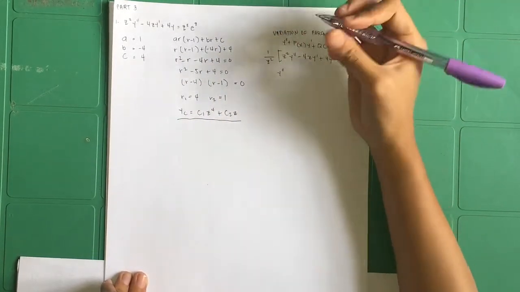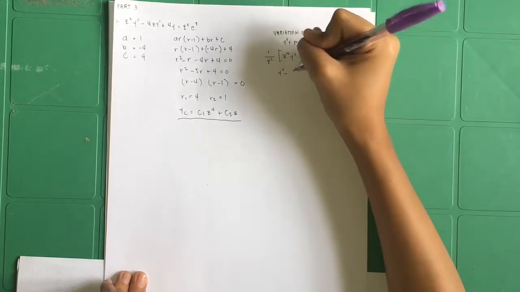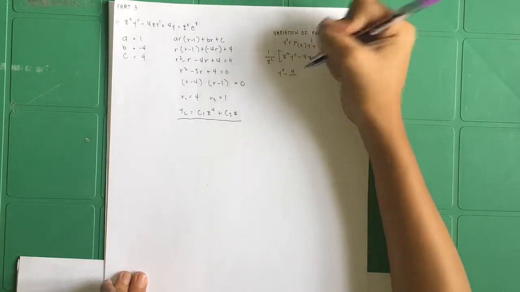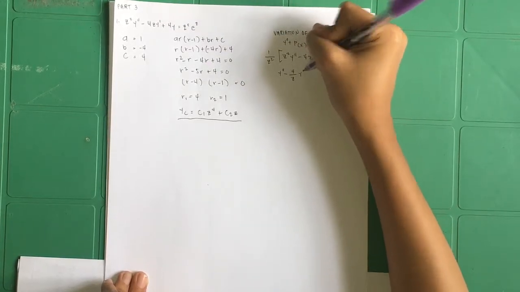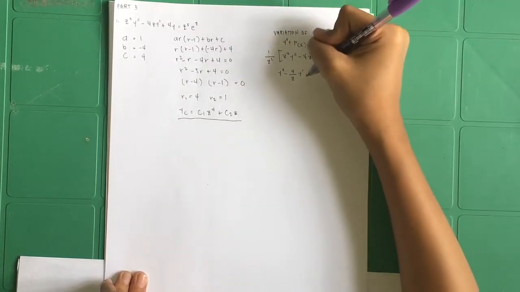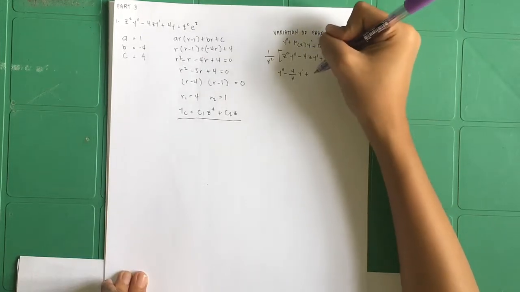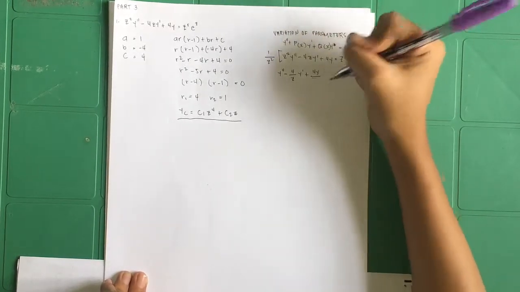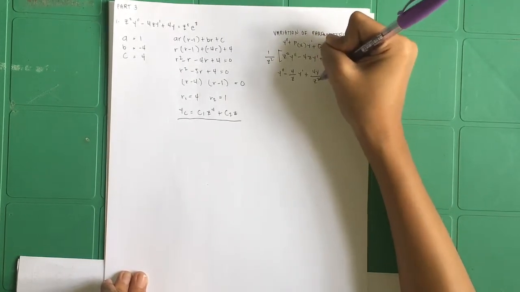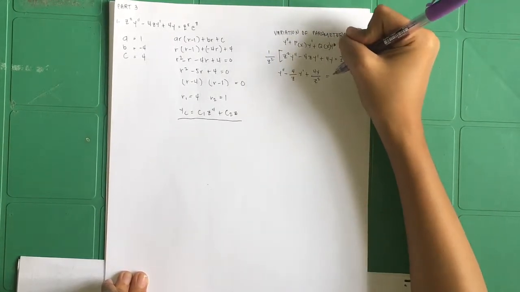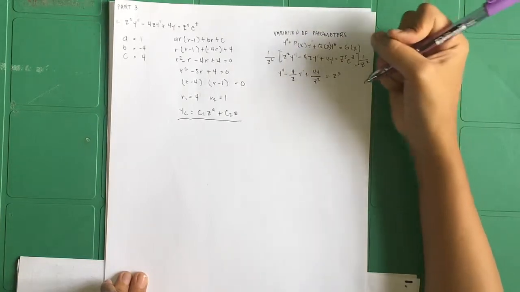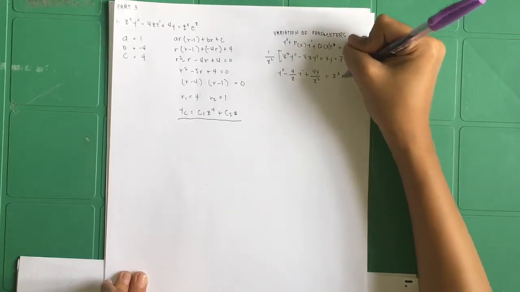Then this will be the new equation: y double prime minus 4 over z y prime plus 4 y over z squared is equal to z cubed e to the z.